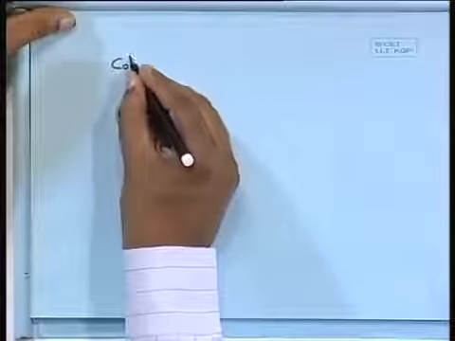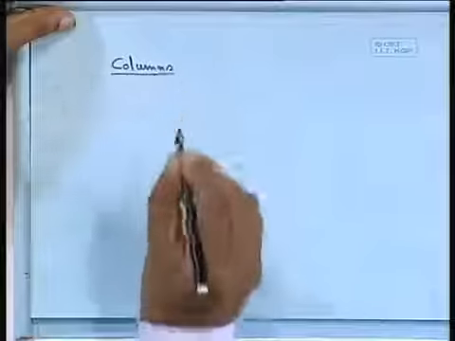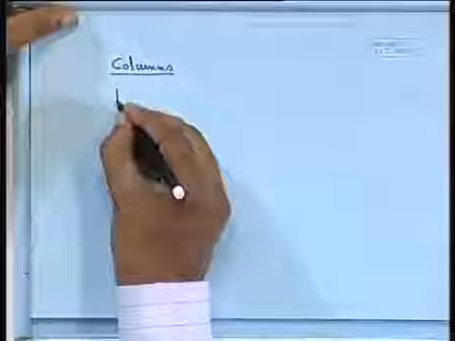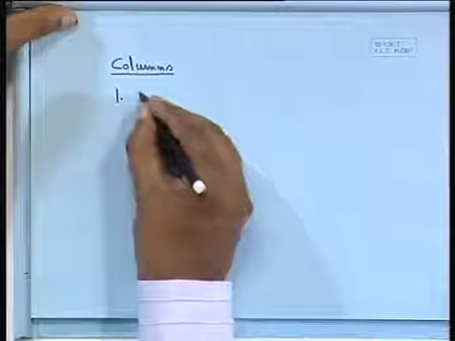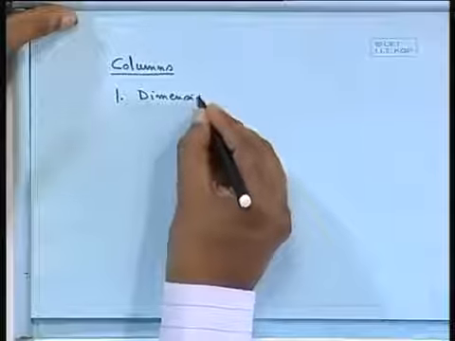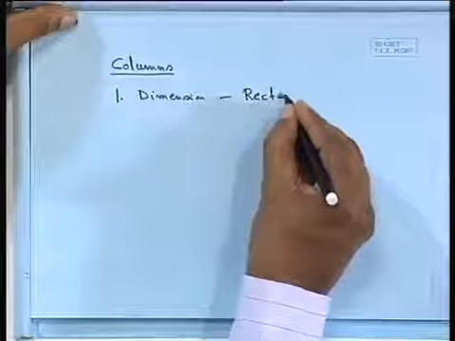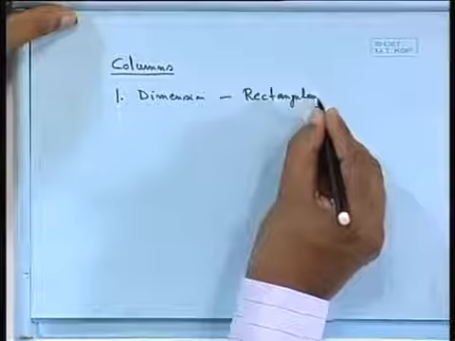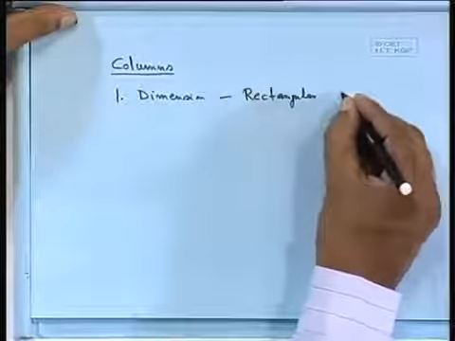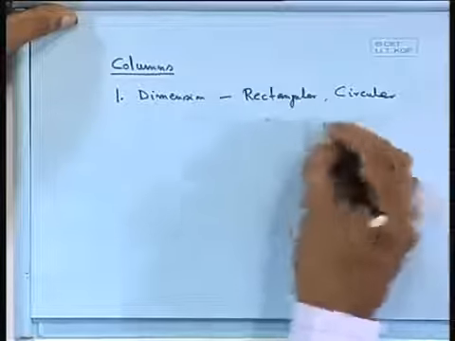so let us first jot down columns. We can have the dimension: rectangular, square also one special case, circular. Let us keep that one, say square.